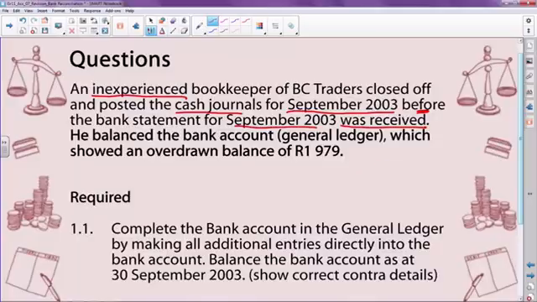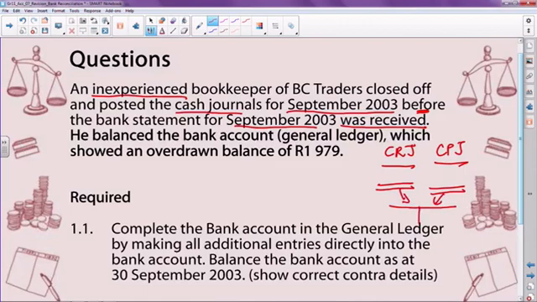So we've got this bookkeeper, doesn't have too much of experience, so he has already totaled the CRJ, he's already totaled the CPJ, and he's sent or posted these totals in the general ledger. Okay, so he's already closed off the CRJ and CPJ and posted this to the general ledger.